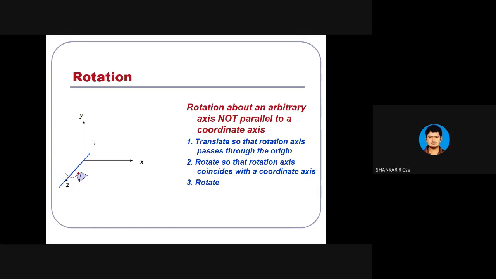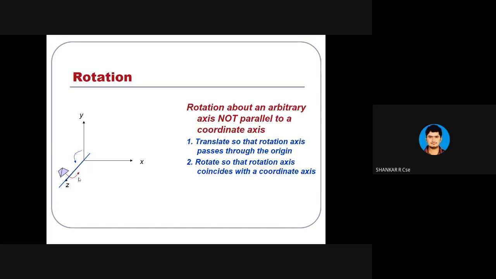Third one is rotate your object. Fourth one, go back to the origin. That is called inverse rotation. Fifth one, go back to wherever you were. It is called inverse translation. So the second step, bringing the arbitrary axis onto the z-axis, involves rotating that particular axis via the x-axis as well as the y-axis.